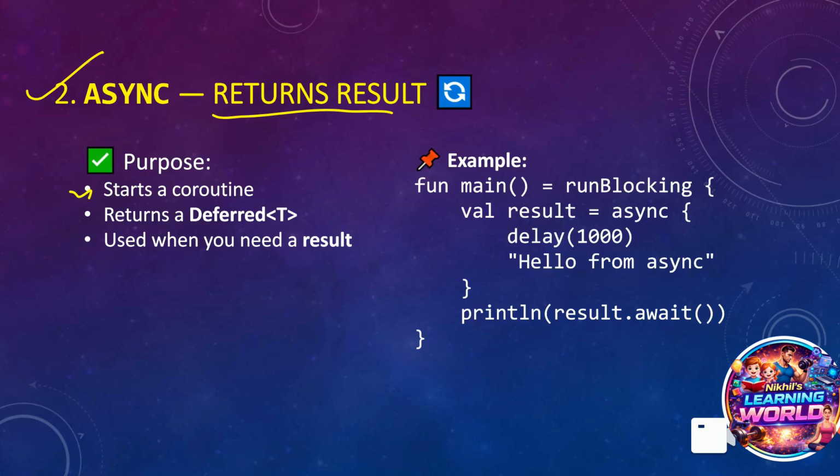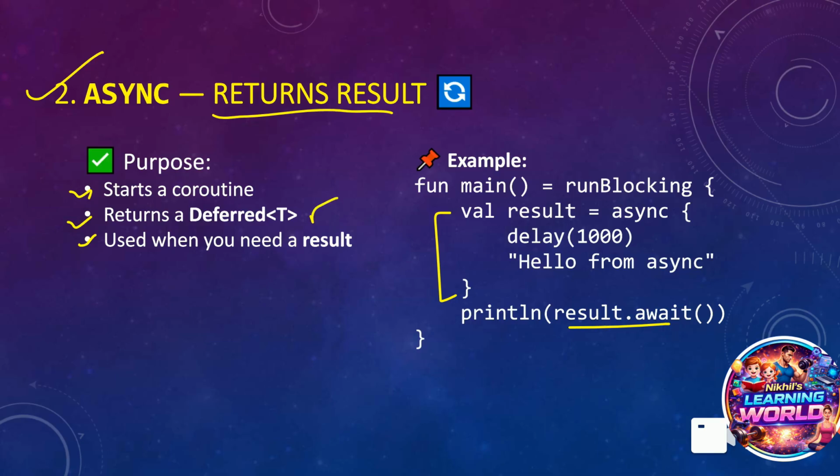In Kotlin coroutines, a Deferred is an object that represents a non-blocking, cancelable future result of a computation. It's a type of Job that has a result value, conceptually similar to a Future in Java or a Promise in JavaScript. That's about Deferred. So async is used when you need a result.